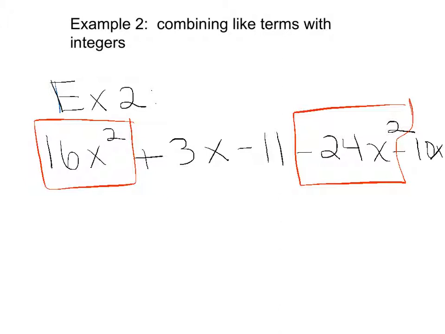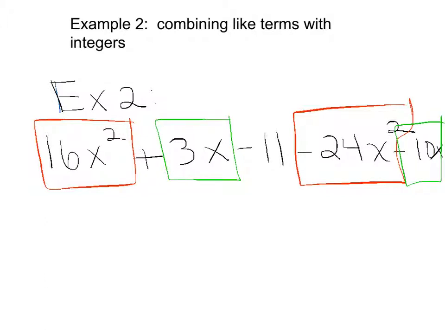Notice I did not put a box around 3x or negative 10x. I am going to put a green box around 3x and negative 10x to show that those two are alike.